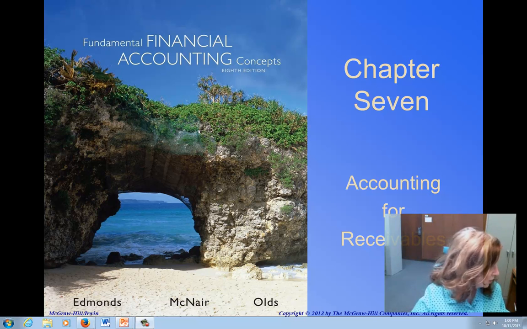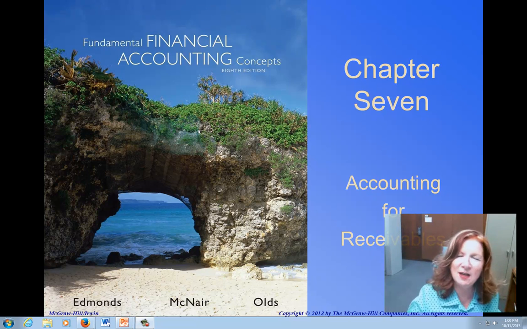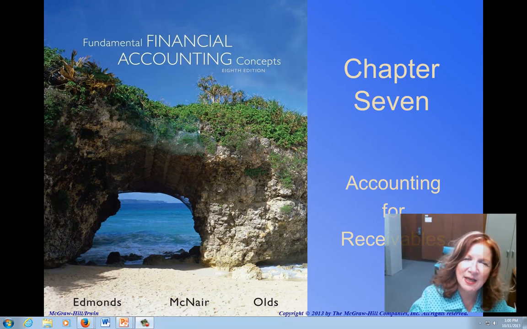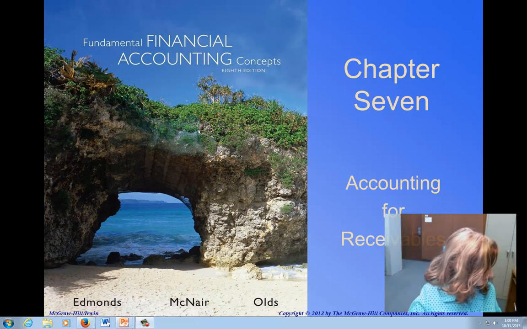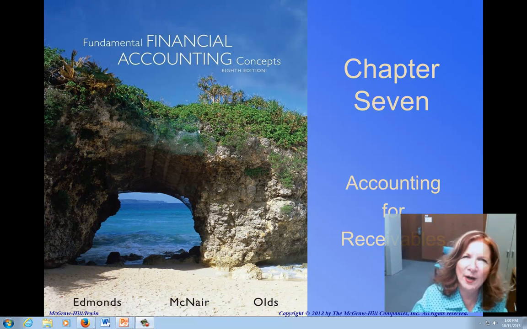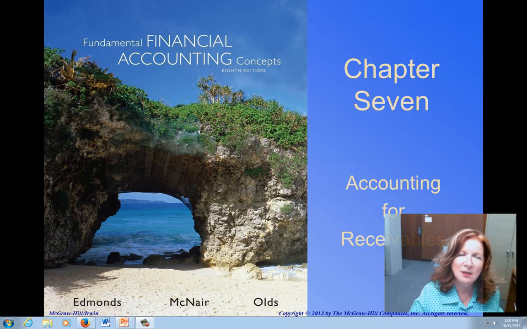Now, I do want to draw your attention that in the book they show two methods for recording that final entry. On page 376, they show two entries, one where you record the interest due, and then a second entry where you record the cash for the interest and principal, then the principal and the interest receivable.